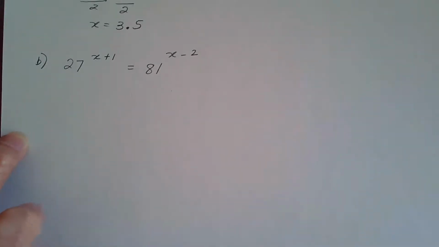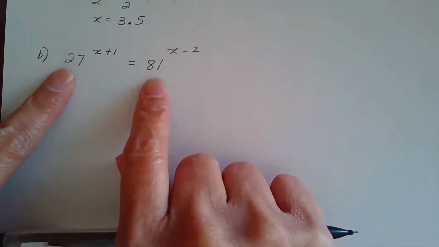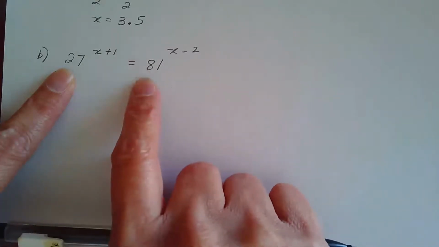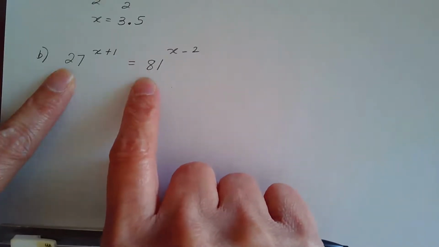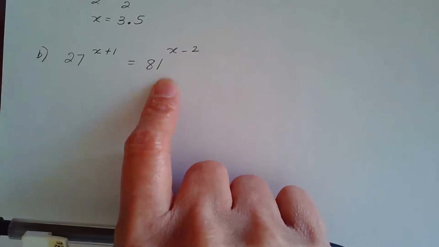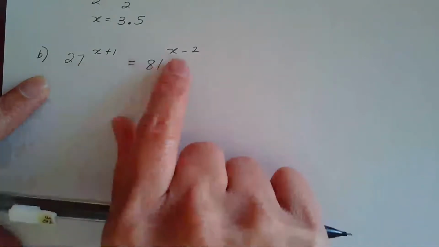Now, it's just a matter of figuring this out, because 27 and 81 look like they're starting off with not the same base, but in fact, they could be written with the same base, because we know 27 is 3 cubed, right?